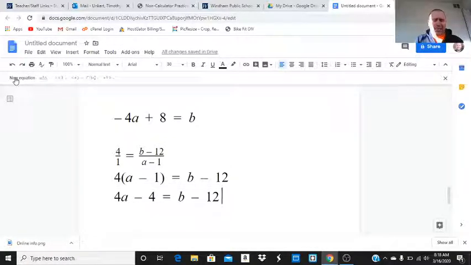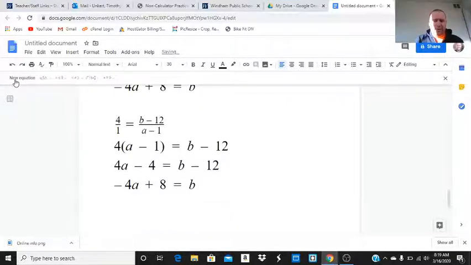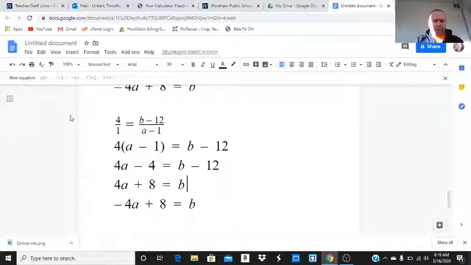Let's solve now. We can overlay these equations and we can subtract. So if we have negative 4A plus 8 equals B, and we multiply this equation by negative 4 and move over the 12. Let's move over the 12 first. So we have 4A plus 8 equals B. Actually, we can just get rid of A. That's a good way to do it.